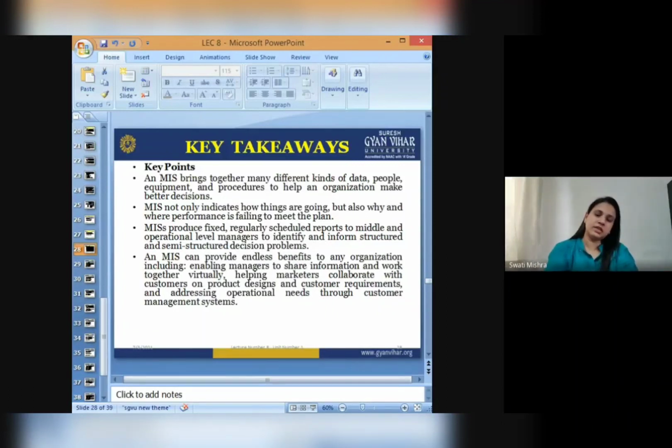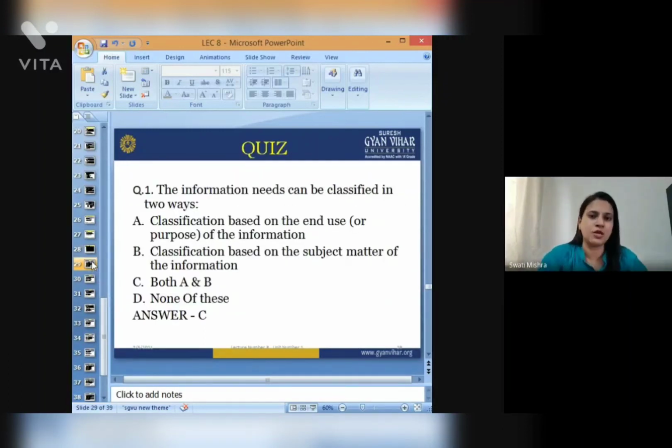So these were the key takeaways from today's session, and we have almost come to an end of the discussion over marketing information systems. And let us quickly have a small quiz on today's session, as I have been doing it in all my sessions previously. So here's my first question to you on the basis of today's session.